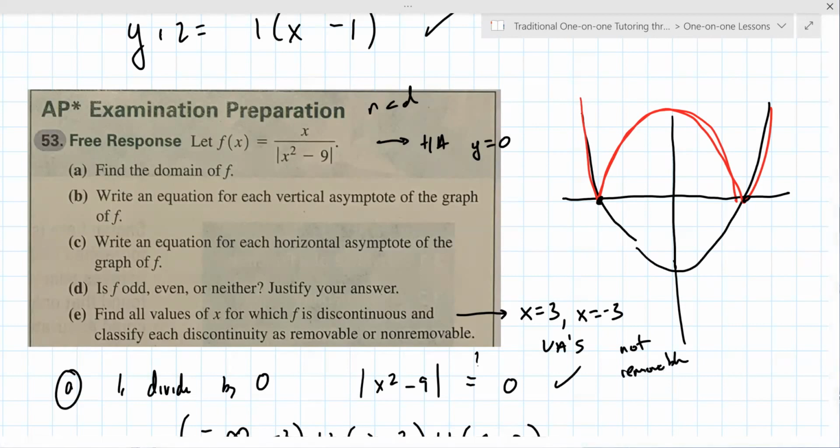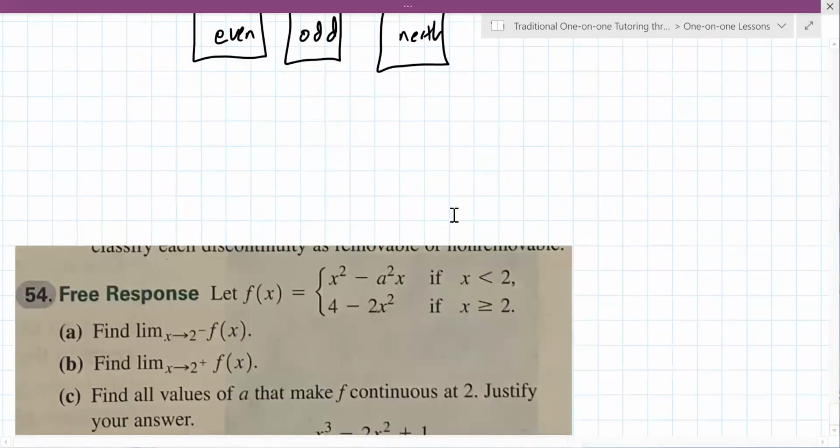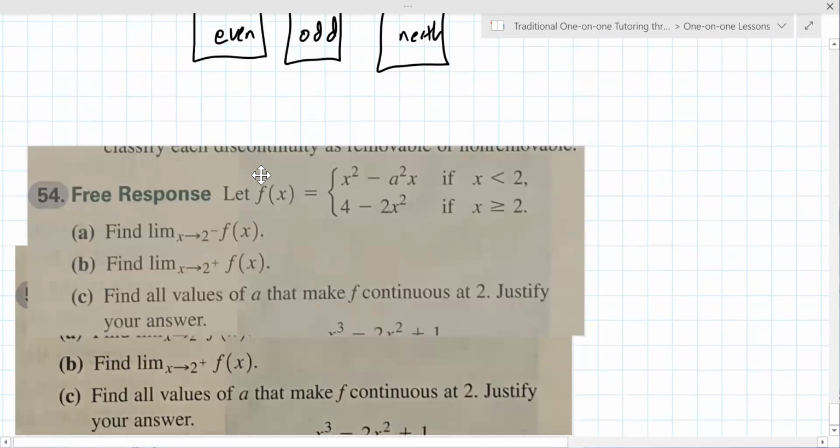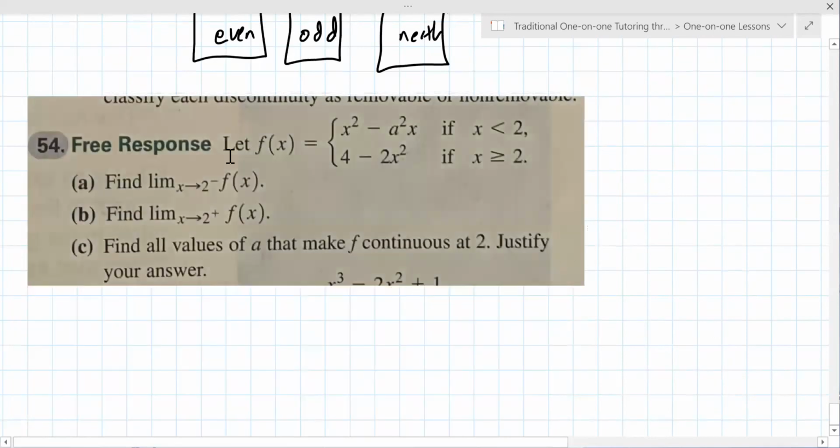Now we can do 54. Yes. All right, moving right along here. So it says, here's a function. They don't give you A. Part C is kind of the most common question that they ask.